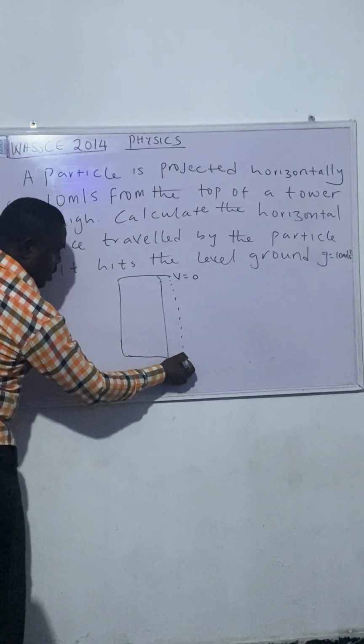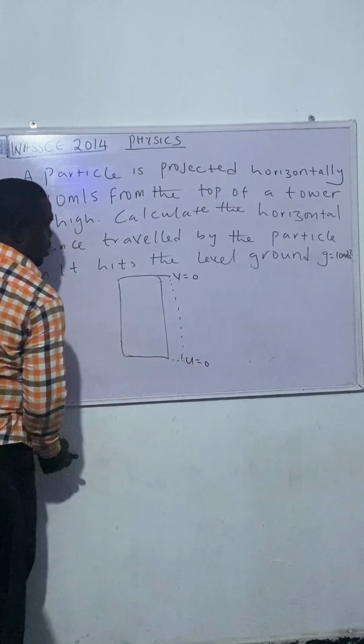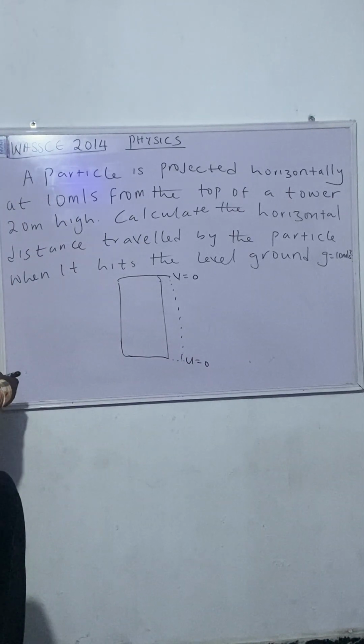So please, students, take note of this. And when the object is hitting the ground, your initial velocity is equal to 0.